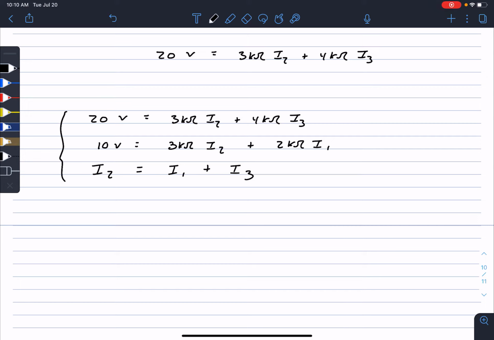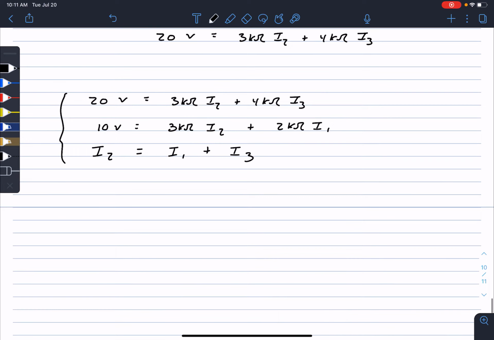So let's do this. Let's take the units because we have kilo ohms. Let's take the kilo ohms over volts. So remember that a volt over ohm is going to give you an amp. But a volt over kilo ohm is going to give you a milliamp.